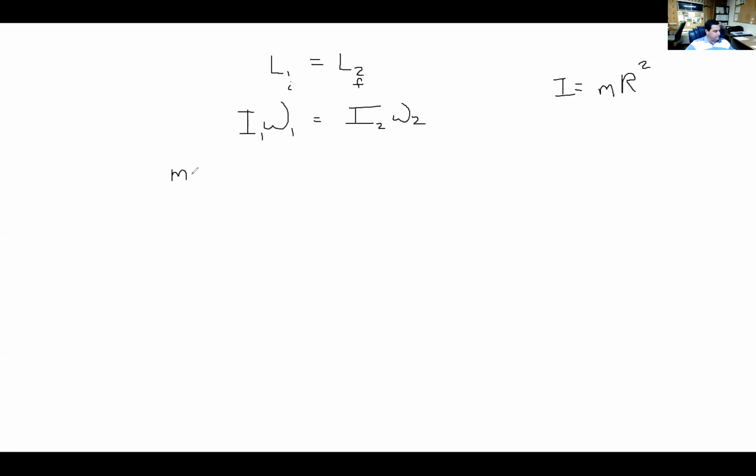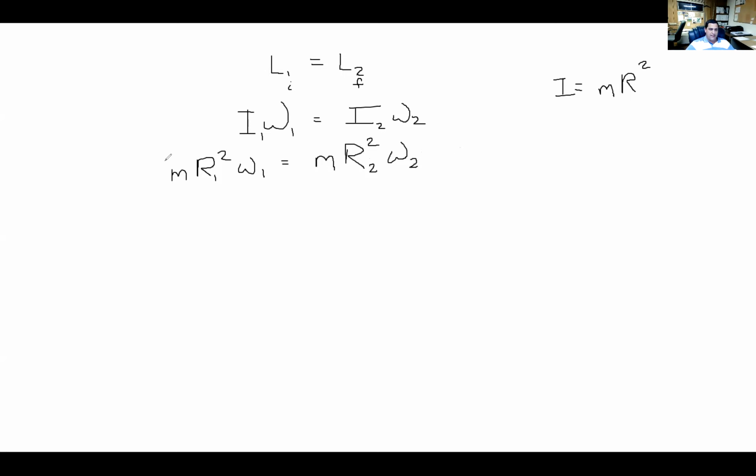So m r1 squared, angular velocity 1, is equal to mass, radius 2 squared and its angular velocity 2.